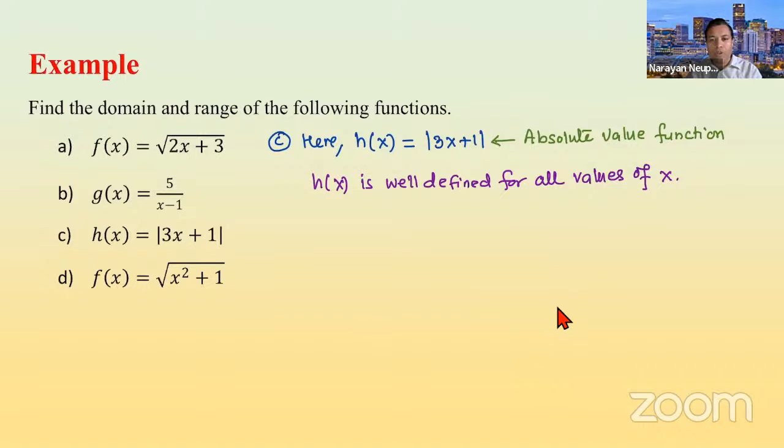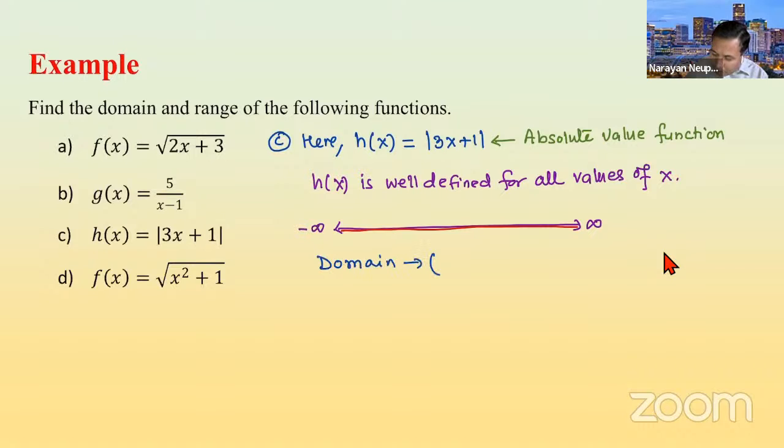We can define the function for all values of x from -infinity up to +infinity. Everything from -infinity up to +infinity will be your domain. So you can write the domain as the values from -infinity up to +infinity. There is no restriction on this function.